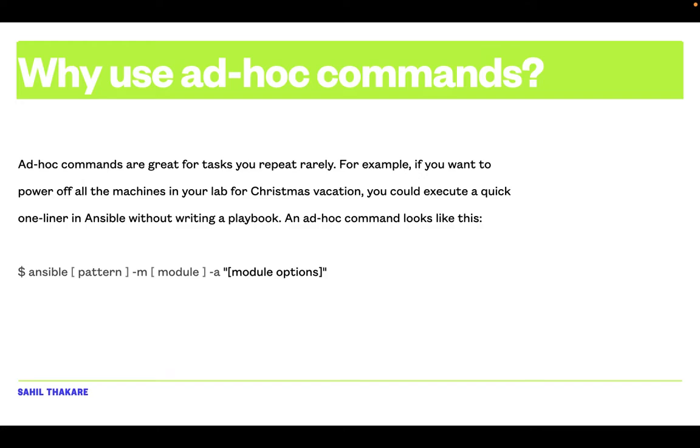There is a syntax that we use. As you can see here, the first thing is ansible, the second thing is the pattern, the third thing is -m, the option for the module, then you give the module name, and then you give -a, the options or arguments that the module will accept. For that you have to understand what this particular pattern means.